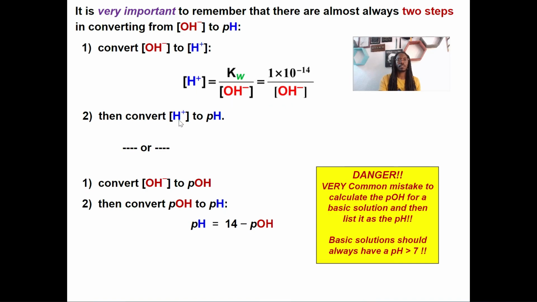Then we have our H plus, and we can just use negative log to give us our pH. You could also do this by converting your OH to pOH, using negative log, and then converting our pOH to pH. In this case, we're just going to do 14 minus pOH. Two different ways to get from OH concentration to pH.